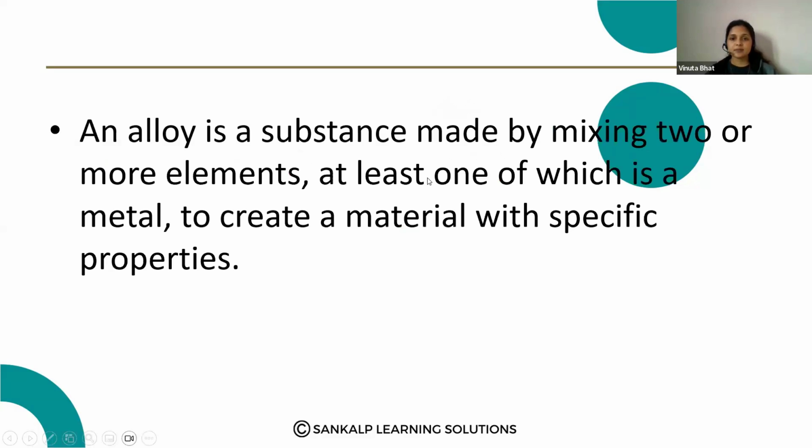An alloy is a substance made by mixing two or more elements, at least one of which is a metal, to create a material with specific properties. Okay, so that is the answer.